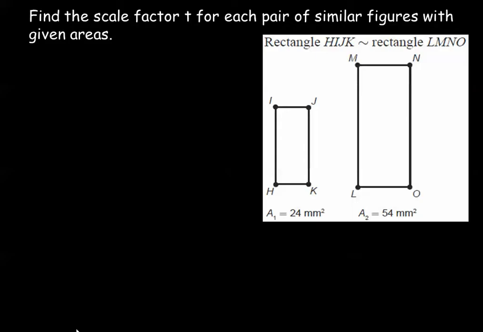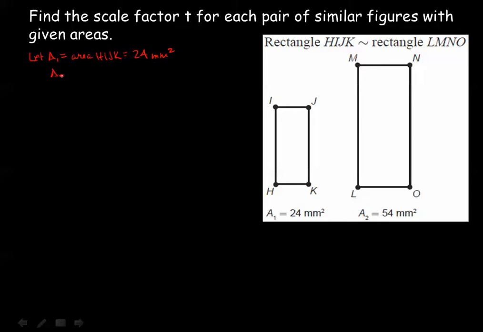Now let's work some examples. This says, find the scale factor t for each pair of similar triangles with given areas. So what we're going to do here is we're going to let A1 equal the area of the rectangle HIJK, and that happens to equal 24 millimeters squared.